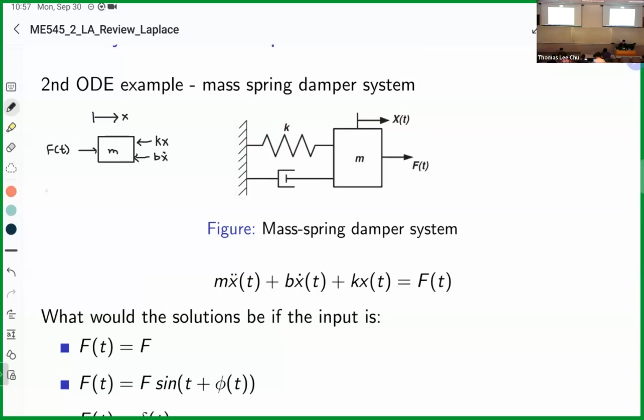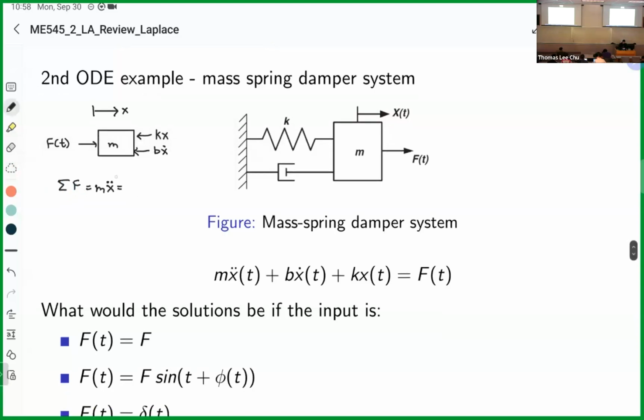So then if we were to define this, sum of forces is equal to our acceleration of this mass, m x double dot. That's confusing. Sum of forces is going to be equal to m x double dot, so the acceleration of this thing, multiplied by our input, which is positive and going to the right, f of t.